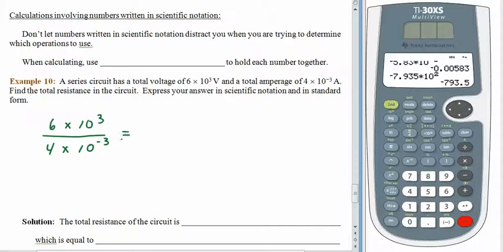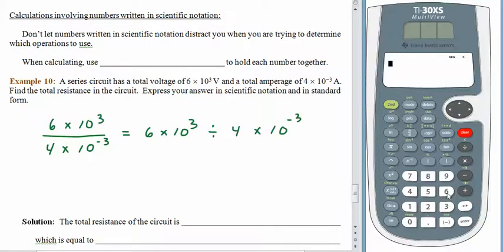All right, so we need to do this on our calculator, and here's where the problem is going to come. Let's write this down in a line. We have 6 times 10 to the 3rd divided by 4 times 10 to the negative 3rd. All right, if we do this on our calculator, maybe you should just watch me because this is going to be wrong and I don't want you to do any wrong stuff.